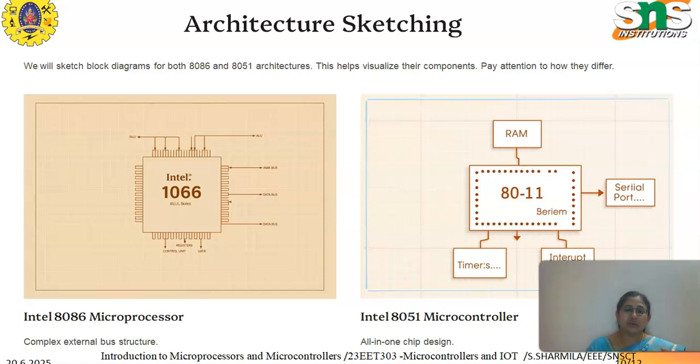We have to connect all the input-output units and memory units externally, the ALU and everything. But in the 8051 microcontroller, all the system units are in one chip, an all-in-one chip design.